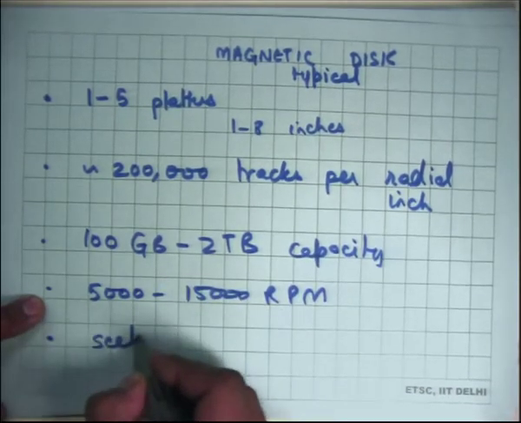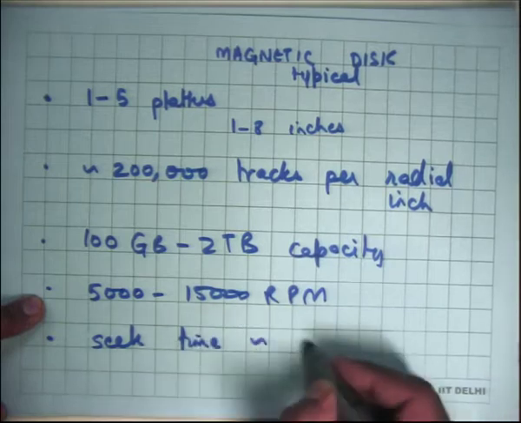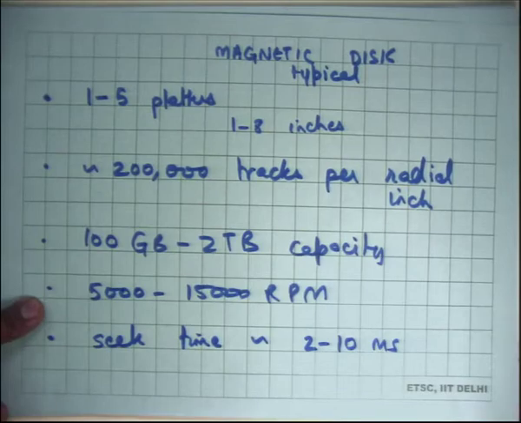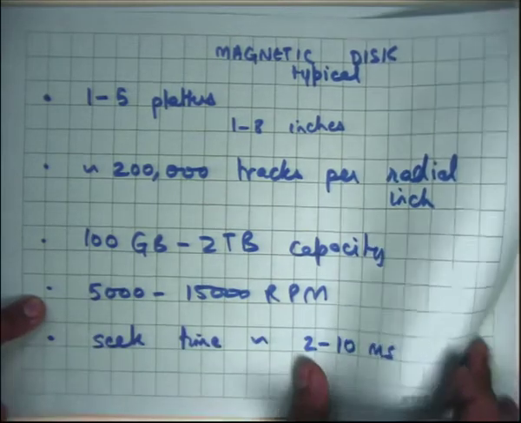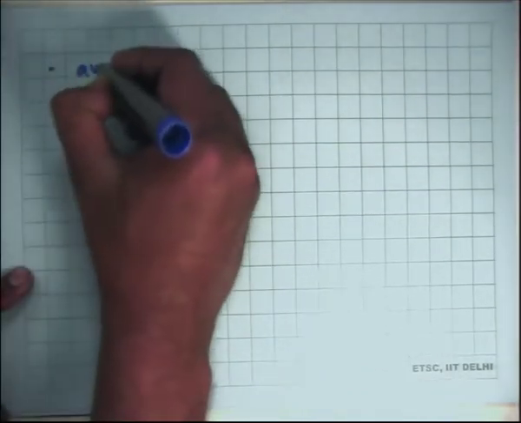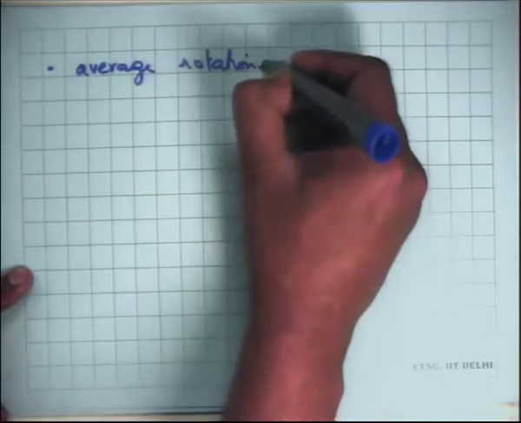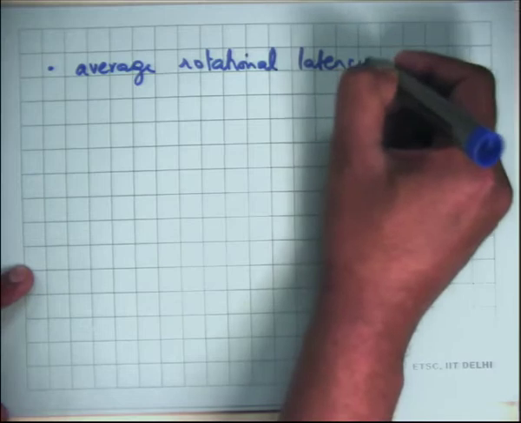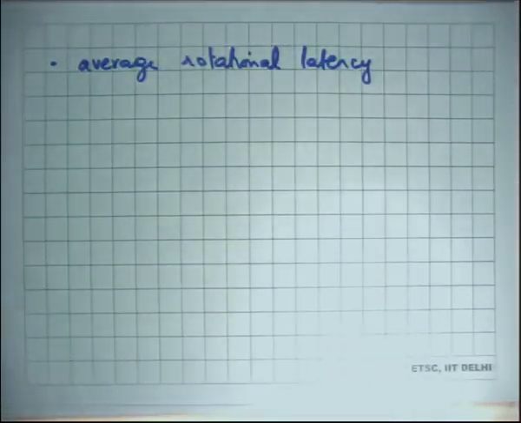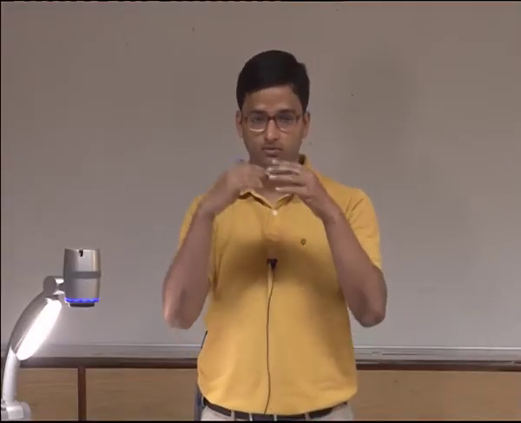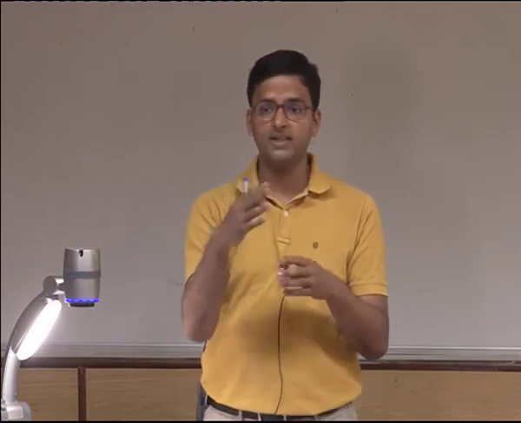Seek time is typically 2 to 10 milliseconds, all right. And then the average rotational latency. So the seek time basically means the time it takes for the head to reach the track that you want to reach, and the rotational latency means the time it takes within the track to reach the sector that you need, right.